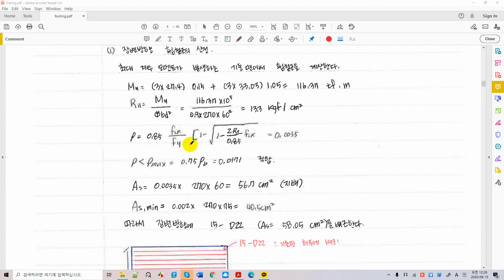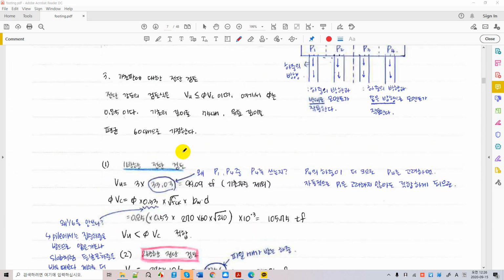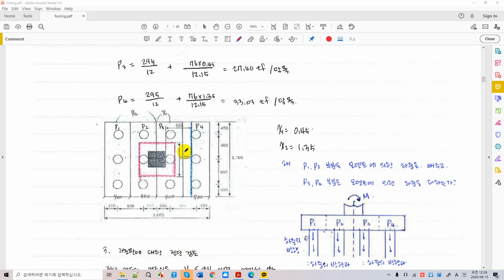And now we are ready to calculate the rebar that resists the pile force. Okay, so what is the force induced by the pile due to moment and vertical load? Moment by the eccentricity of the columns.